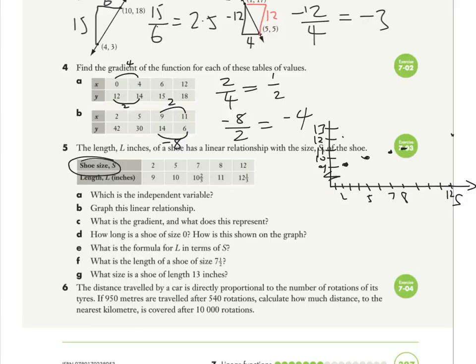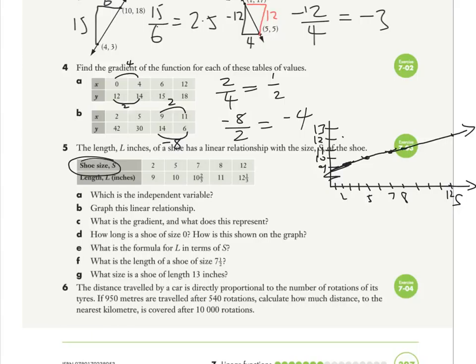Now hopefully that's a straight line. You can continue it down until it hits the y-intercept somewhere.